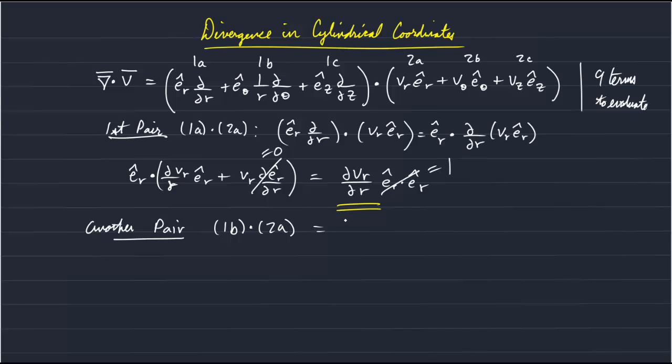And that is e hat theta 1 over r d by d theta dotted with Vr e hat r.